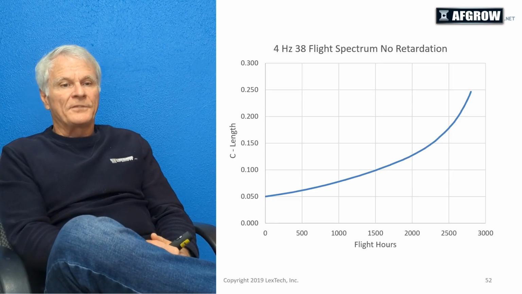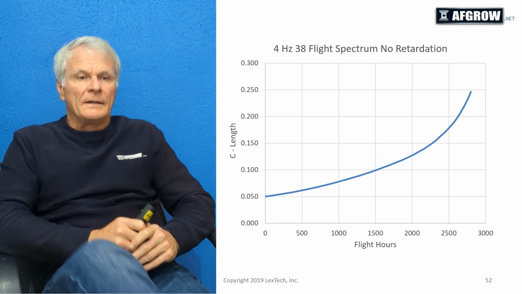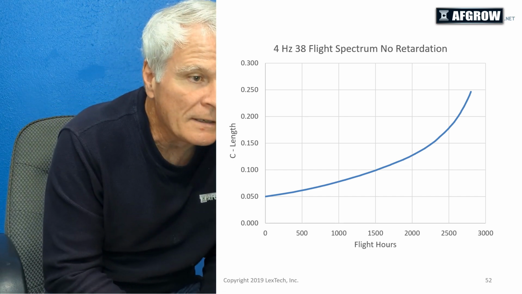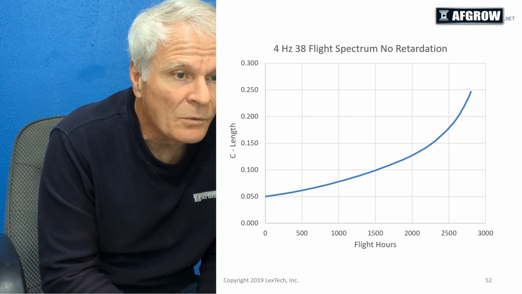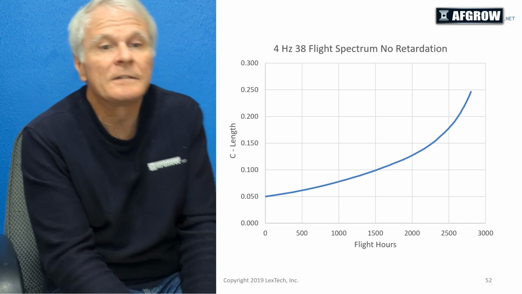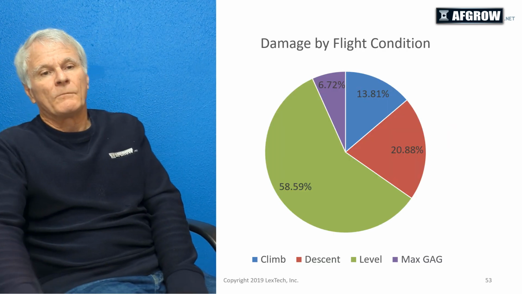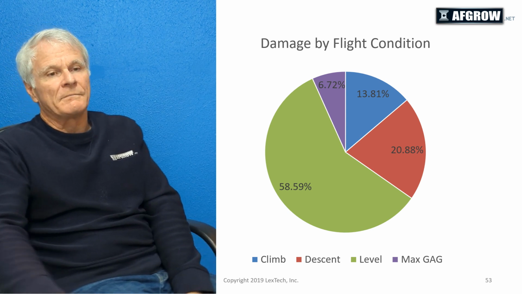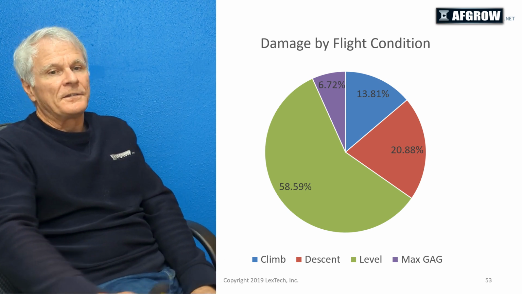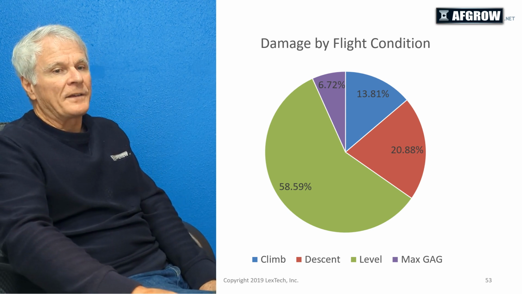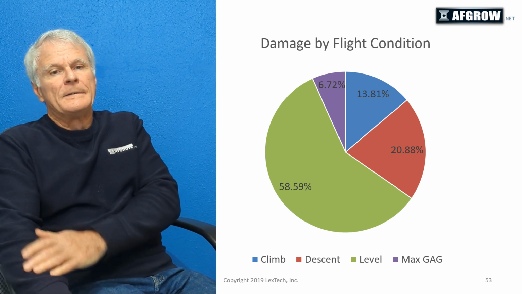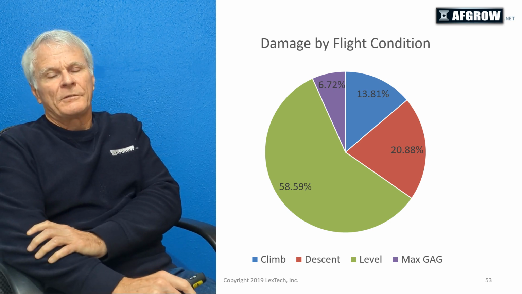So you can see here, based on that spectrum, we're showing approximately 2,700 flight hours, and I also recorded whether we were in climb, level flight, descent, or the max ground-to-ground cycle, so we could see how that damage was distributed.